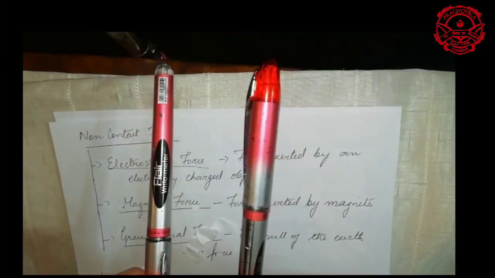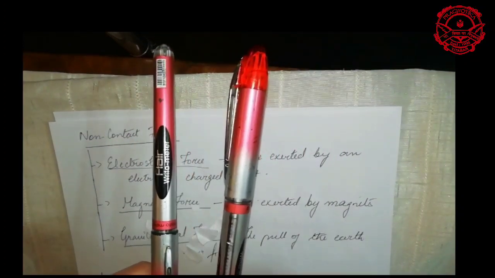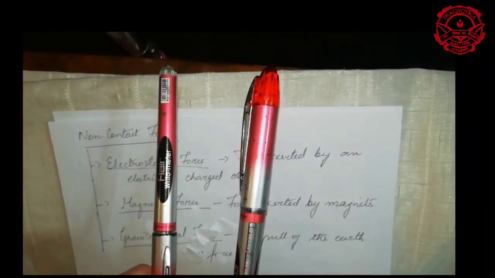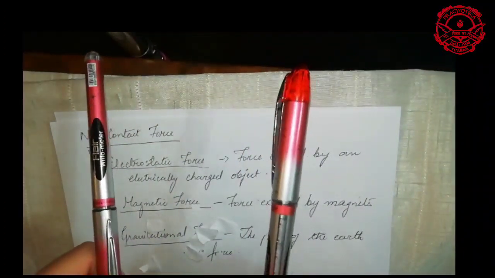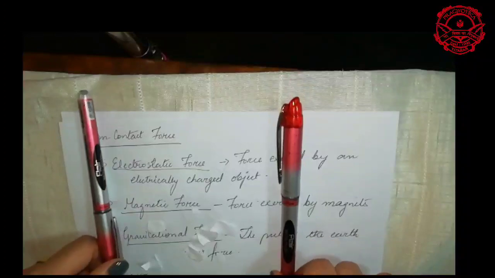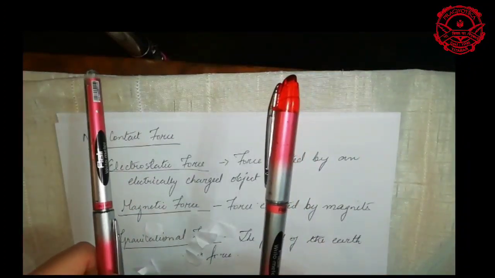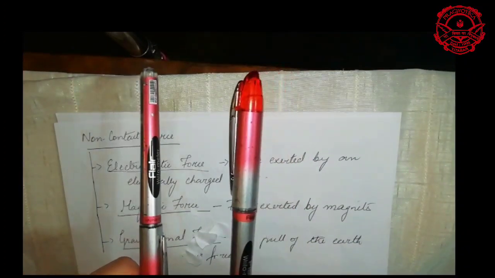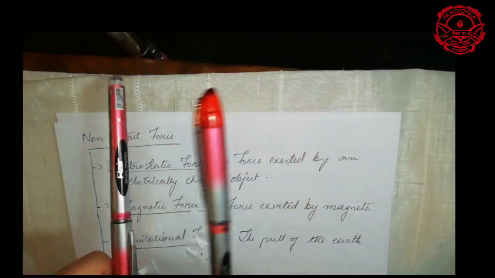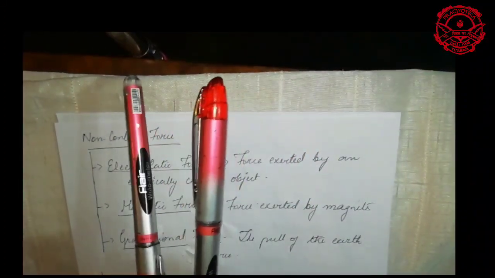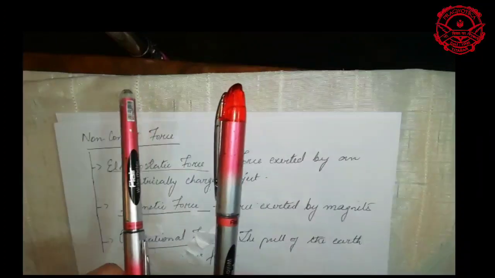First, this pen was electrically charged and this pen was not, and when you bring them near, they will attract one another. But if both pens are charged by rubbing on the paper, they will not attract one another. So in both cases you can see that there is some force exerted.